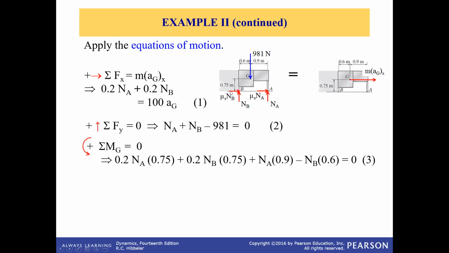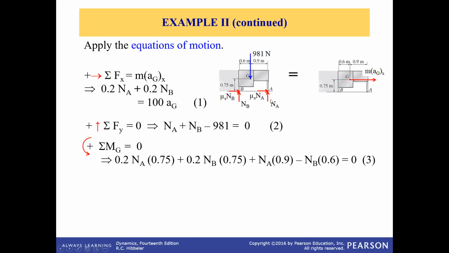On the friction force FA at point A, that's 0.2 times the normal force times 0.75, its distance to the rotation point at G, which makes it rotate counterclockwise. Plus 0.2 times NB, that's the friction force at B, which again makes it rotate counterclockwise, times 0.75, the distance again.